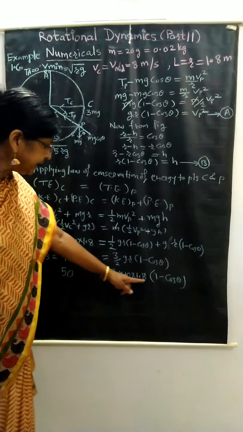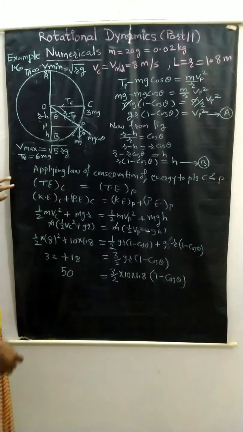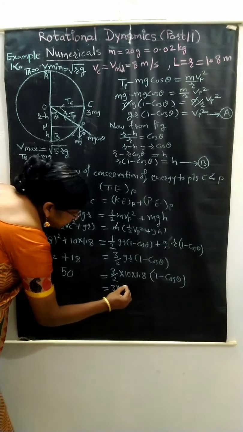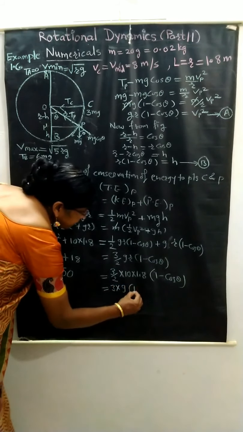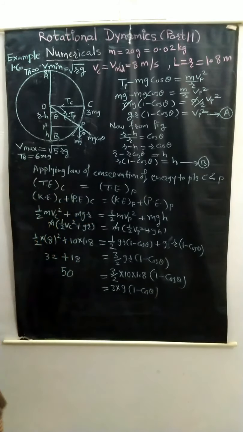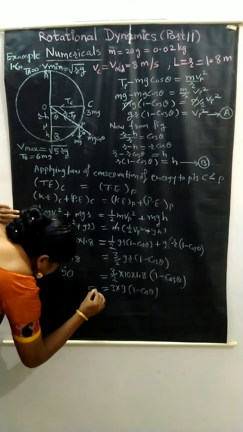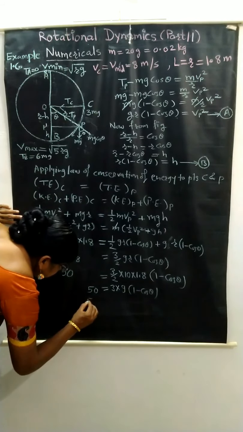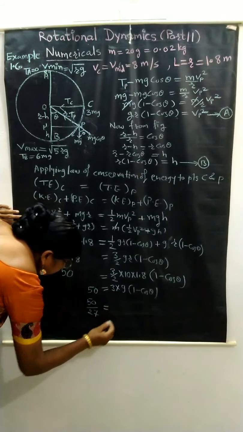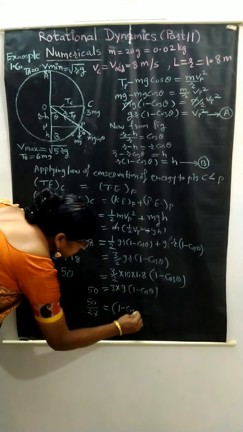Now this makes 18. 18 divided by 2 is 9. So 3 into 9 in bracket 1 minus cos theta. It makes 27. So 50 upon 27 will be equal to 1 minus cos theta.